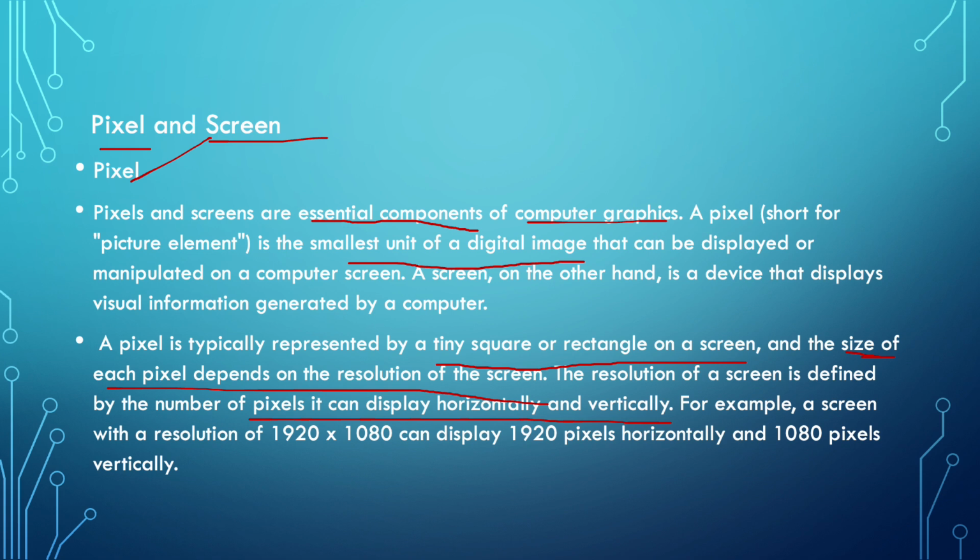For example, a screen with a resolution of 1920 by 1080 can display 1920 pixels horizontally and 1080 pixels vertically.